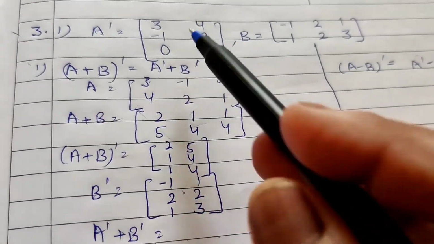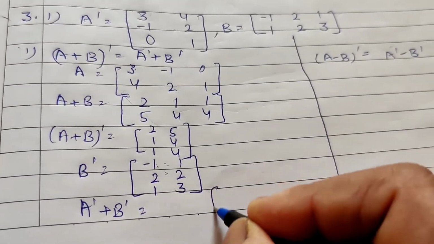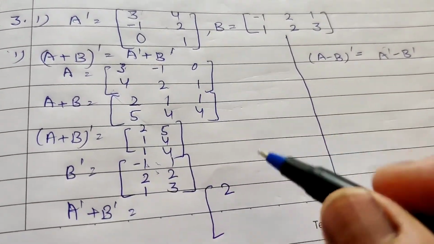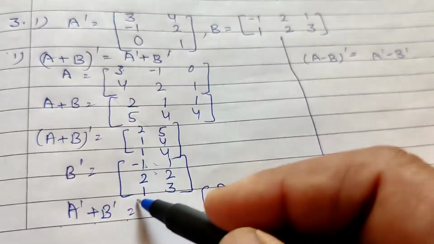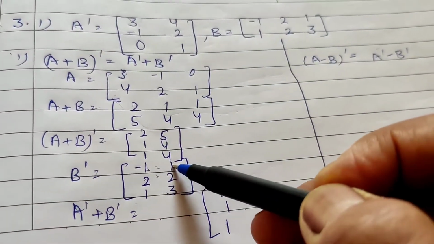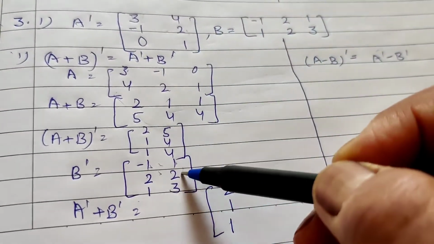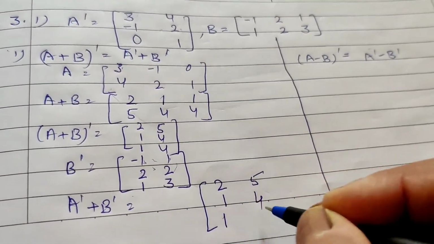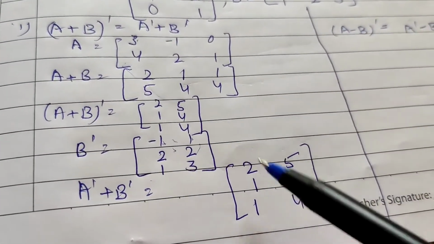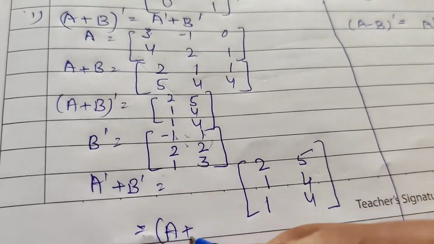This plus this, A dash plus B dash. 3 minus 1, 2. Minus 1 plus 2, 1. 0 plus 1, 1. 4 plus 1, 5. Here is 2 plus 2, 4. And 1 plus 3, 4. This is equal. Therefore, it is equal to the transpose of A plus B.